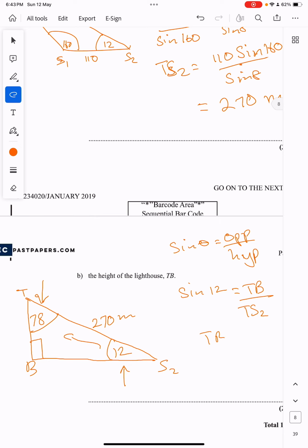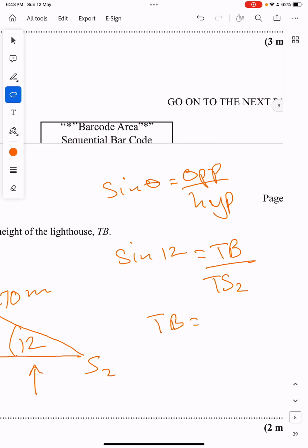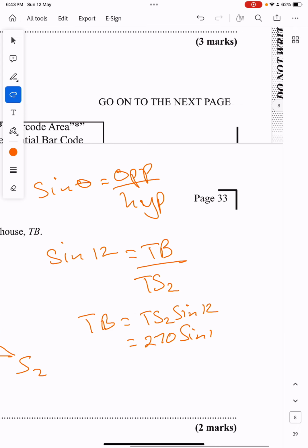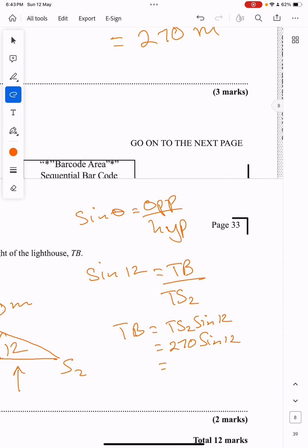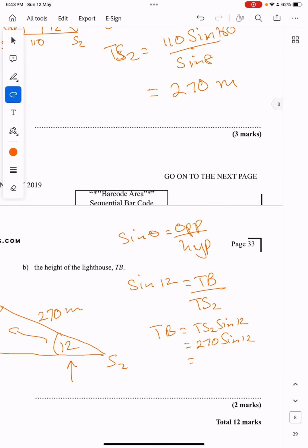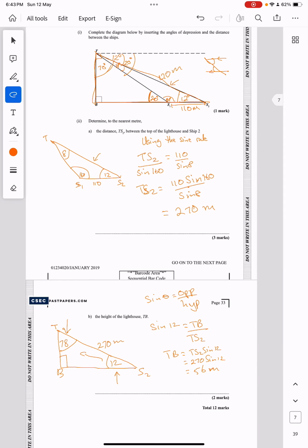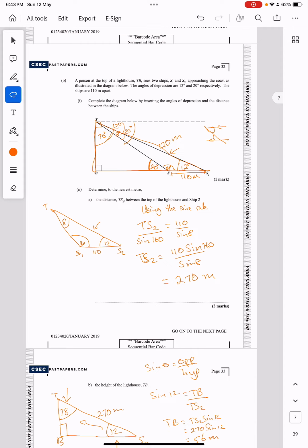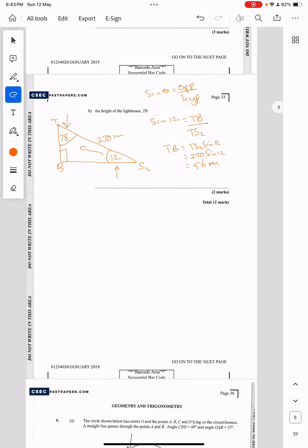So that TB is going to be equal to TS2 sine 12. TS2 is 270 sine of 12. And that works out to be 56 meters.